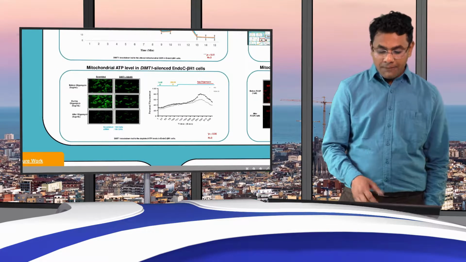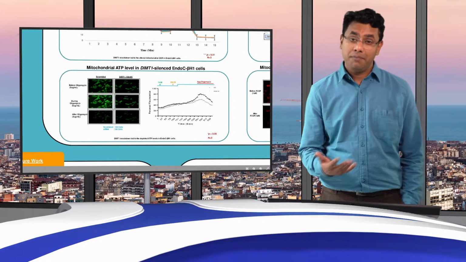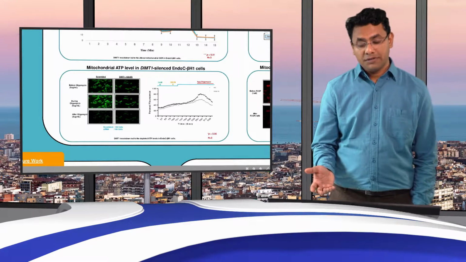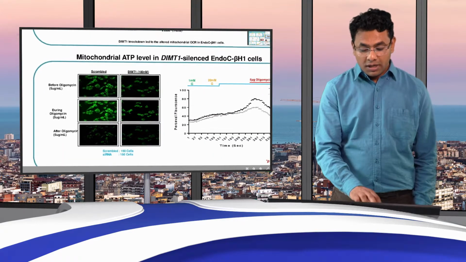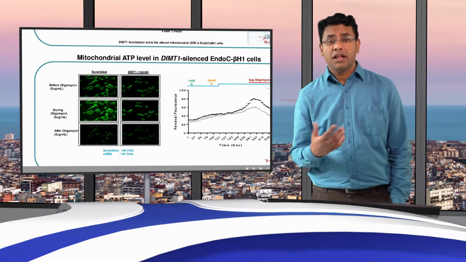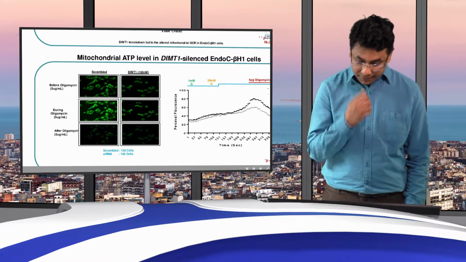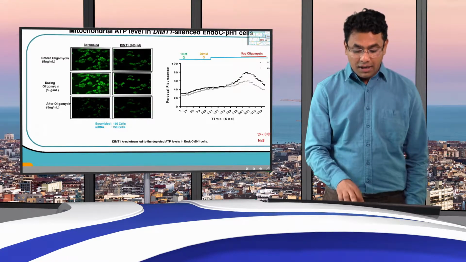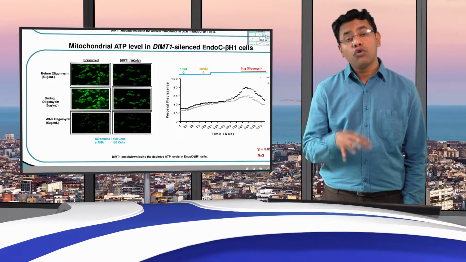With the help of Perceval, which is a GFP indicator of ATP, we transfected the cells, and we found that in the control cells there was an elevated level of the Perceval signal, suggesting the physiological level of ATP in the cells, whereas in the DIMT1 knockdown cells, we saw a very diminished level of Perceval, suggesting that DIMT1 has an effect on the overall ATP production of the cells.